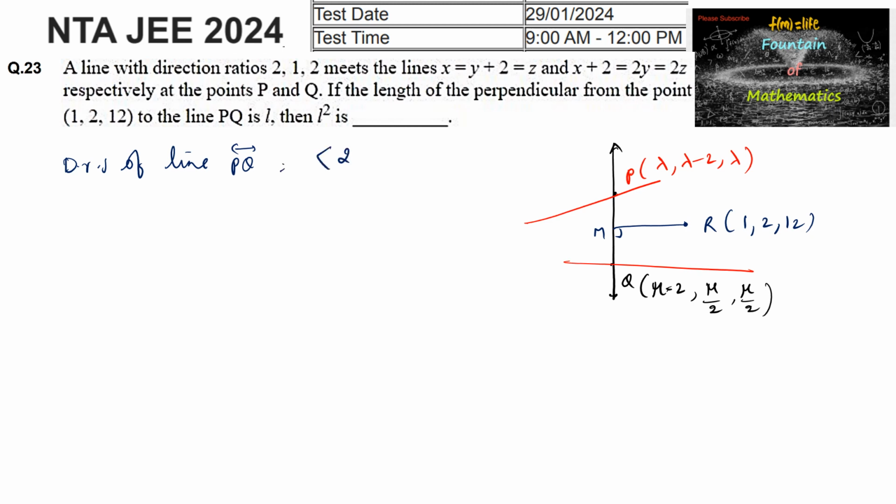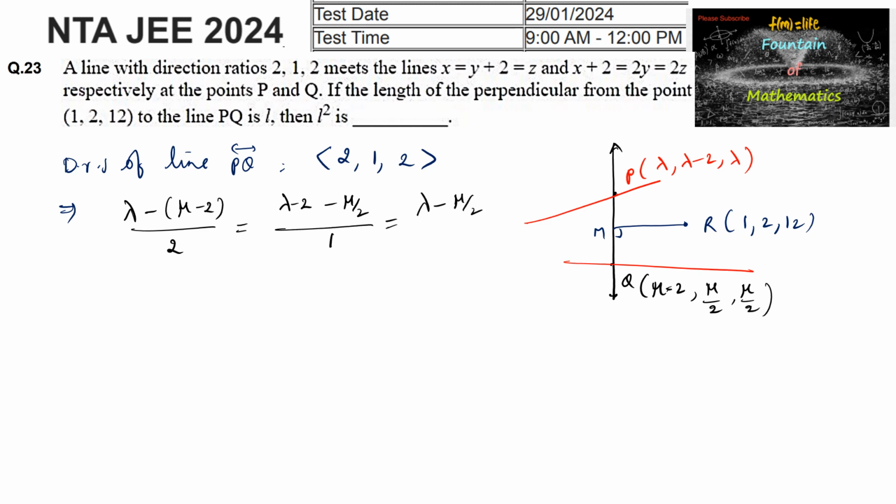are 2 comma 1 comma 2, so that we can write direction ratios of any line joining 2 points is the difference between the coordinates x coordinate, y coordinate, z coordinate. So we can write here lambda minus of mu minus 2 upon 2 is equal to lambda minus 2 minus mu upon 2 divided by 1, lambda minus mu upon 2 divided by 2.